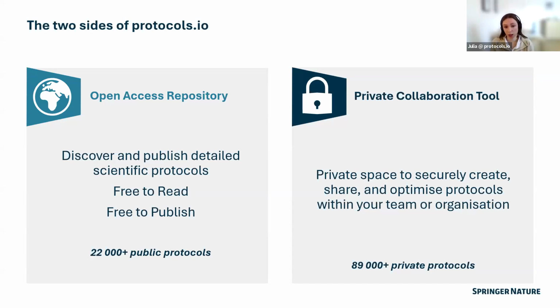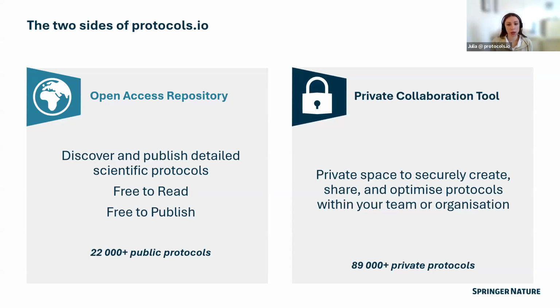The other side of the platform is that it can be used as a private collaboration tool to create, share, and optimize protocols within your team or organization before publication, or if you don't choose to publish at all. And there's over 90,000 private protocols. So a lot of people are storing and developing their protocols before they're publishing.